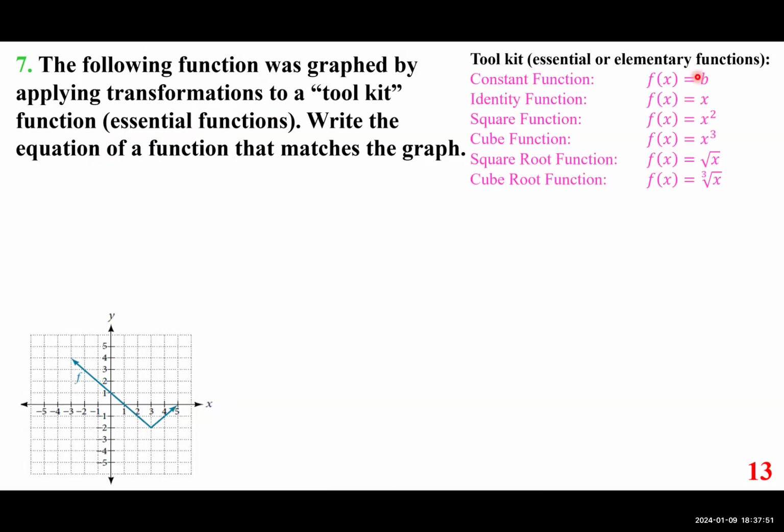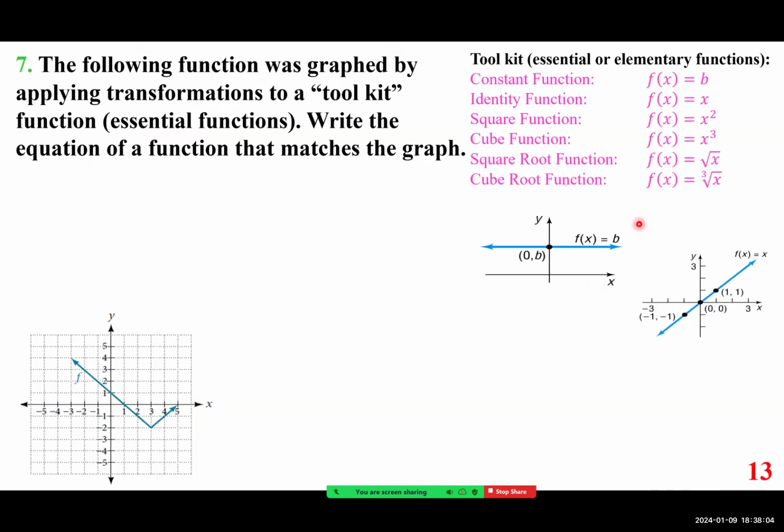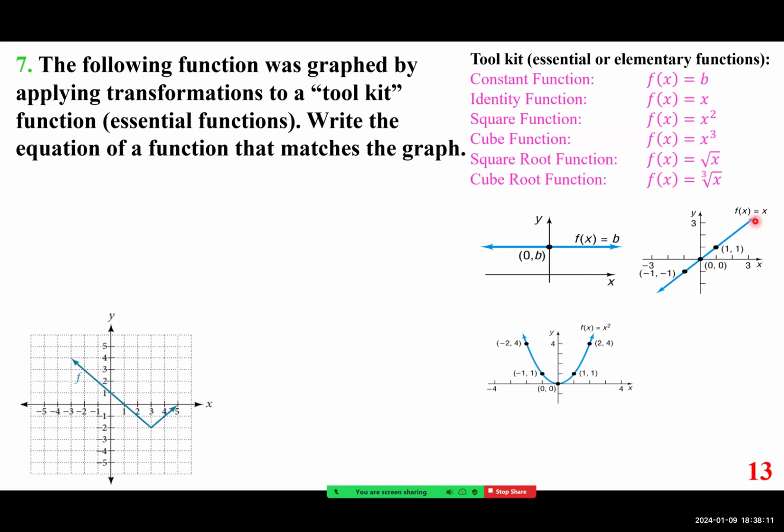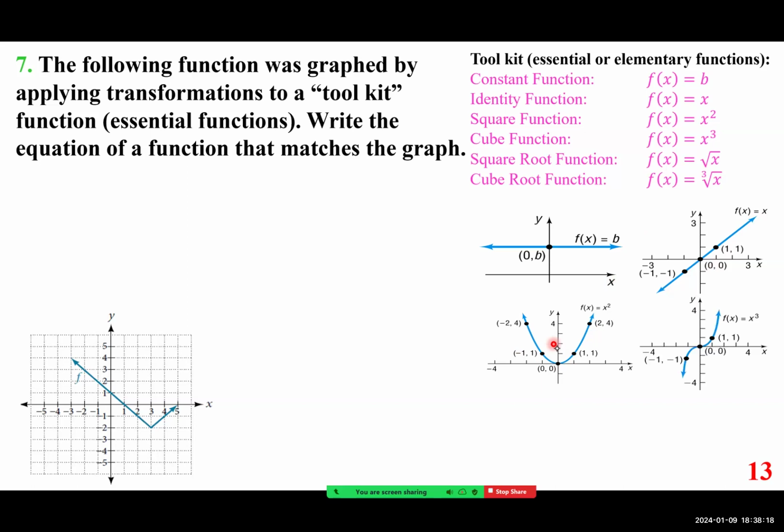So a constant function f of x equals b looks like that. It's assuming b is positive, with 0, b representing the y-intercept. You have a horizontal line. F of x equals x is a line that goes through the origin. F of x equals x squared, the parabola opens up, basic. F of x equals x cubed, a cube function looks like that.